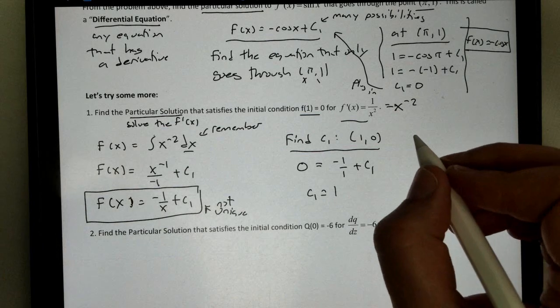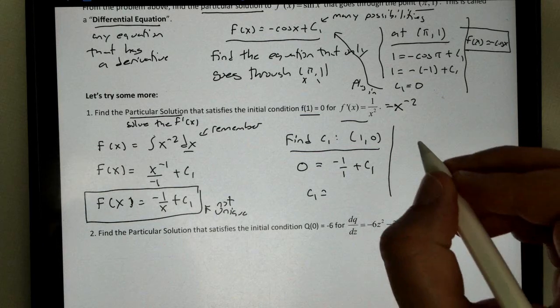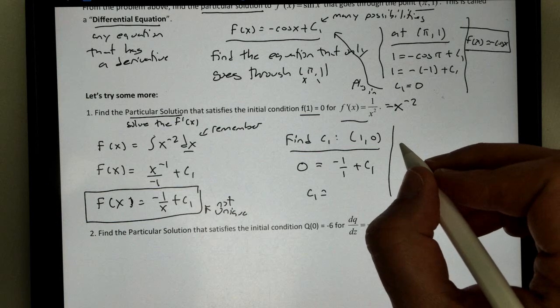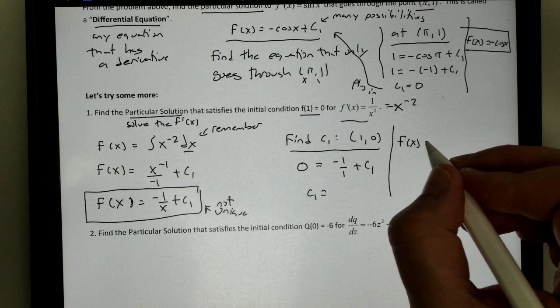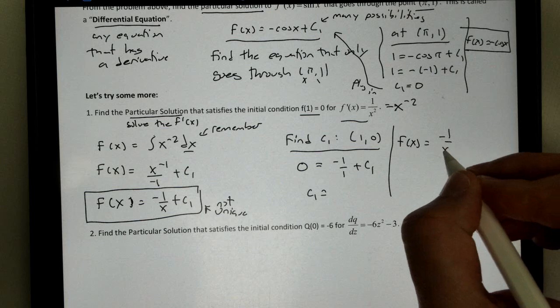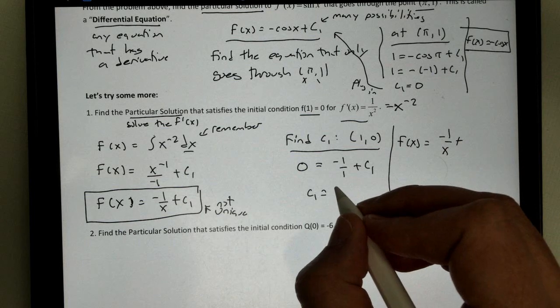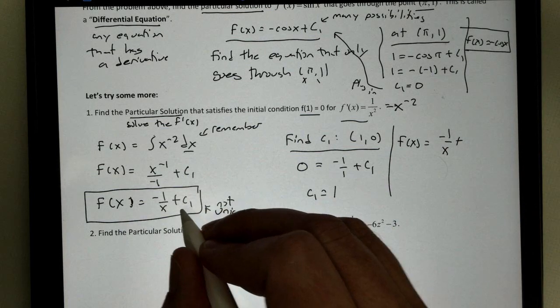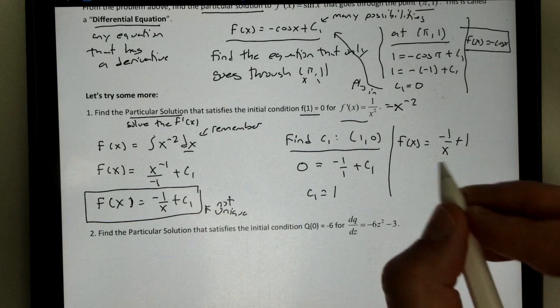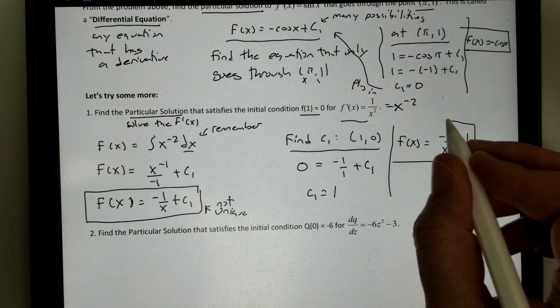So my new equation, my particular solution, is going to be this. F of x is negative 1 over x plus, remember that was a 1 right there, plus 1. This is our particular solution.